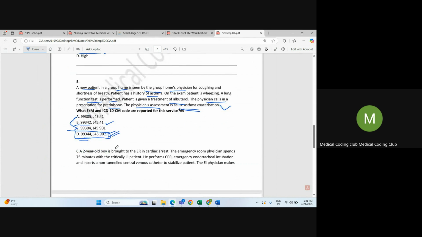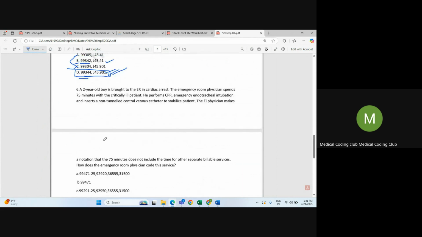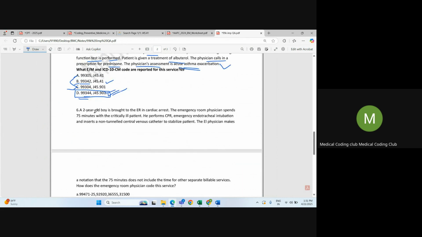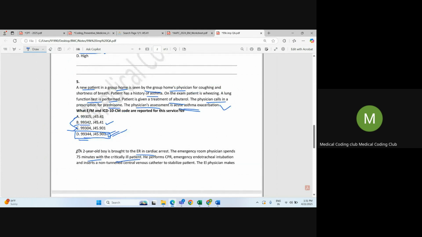So I think that's all. So next question we have regarding a 2-year-old boy brought into the ED in cardiac arrest emergency. See, 75 minutes with a critically ill patient. So the patient's age is 2 years, and for a 2-year-old patient they are performing 75 minutes of critical care.